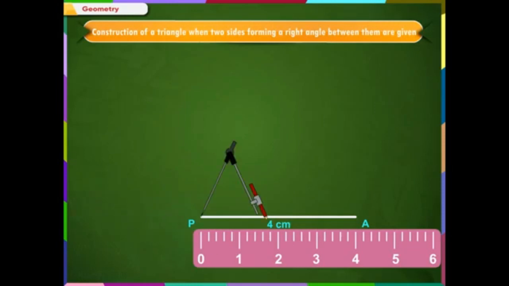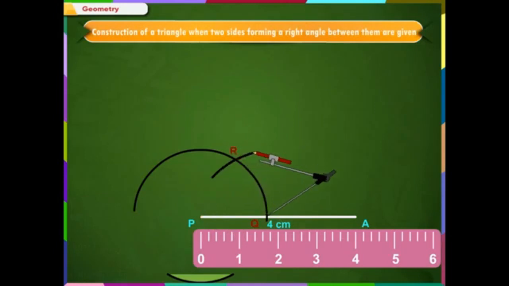Place the point of the compass at P and draw an arc with any radius that passes through PA and name it Q. Place the point of the compass at Q and draw an arc of radius PQ at R as shown.